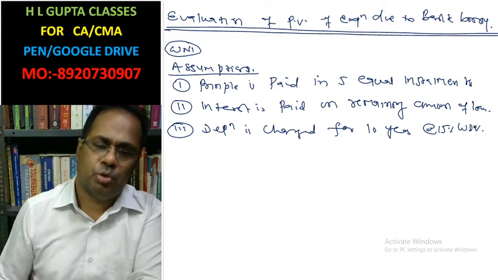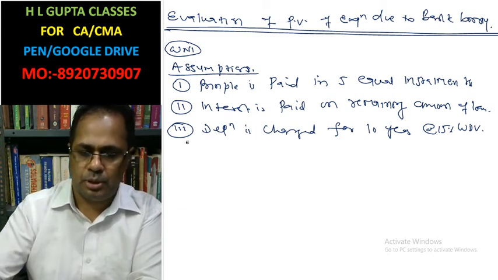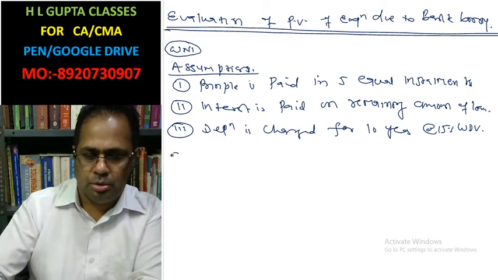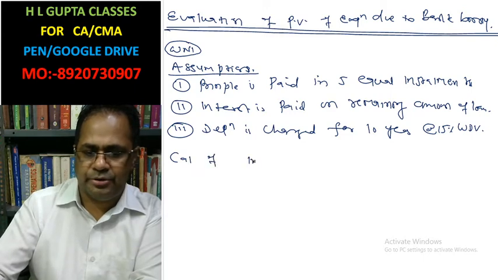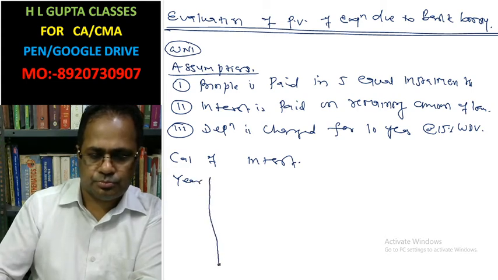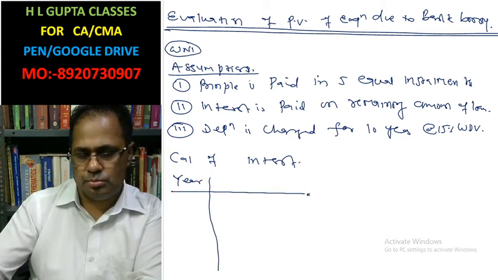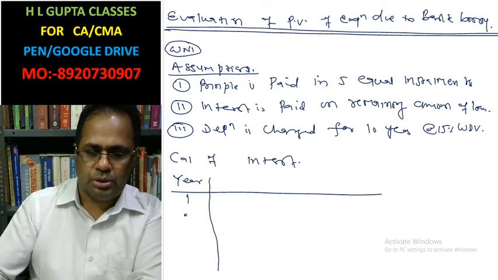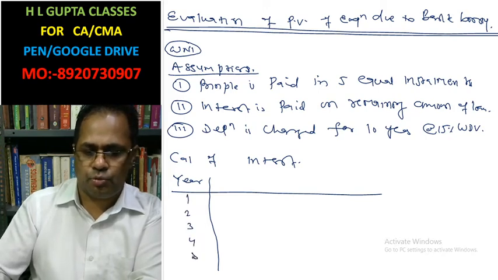Okay, now working note: calculation of interest. You write here years 1, 2, 3, 4, 5.